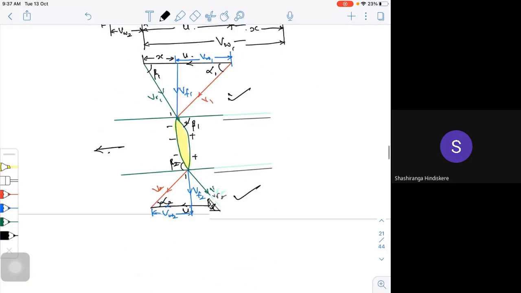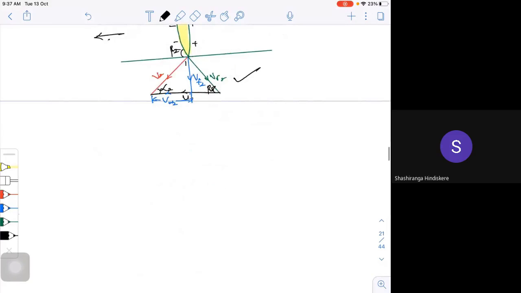Now let us consider the inlet velocity triangle. So what is sine alpha 1?